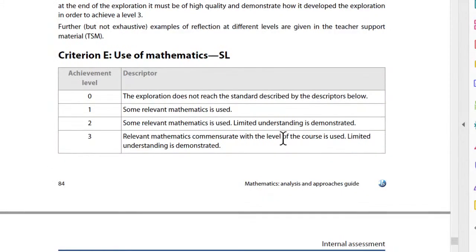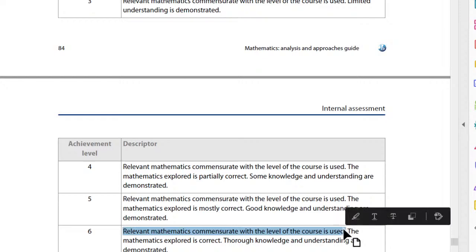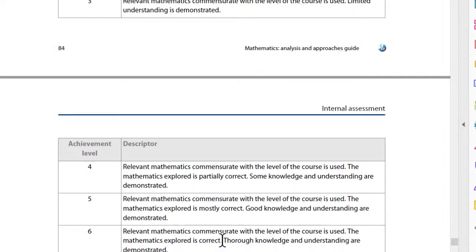So if this was a paper, then it's definitely relevant to the course. So it's at or above SL. Mathematics was correct. I mean, it's self-explanatory why it's correct.